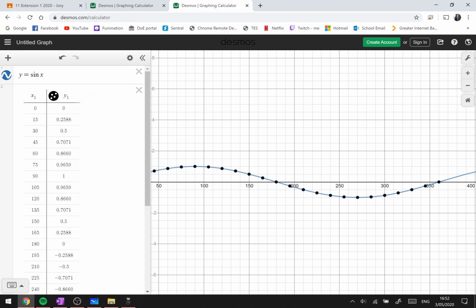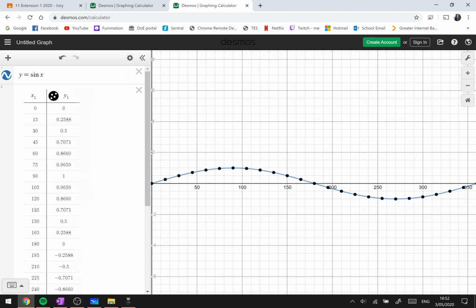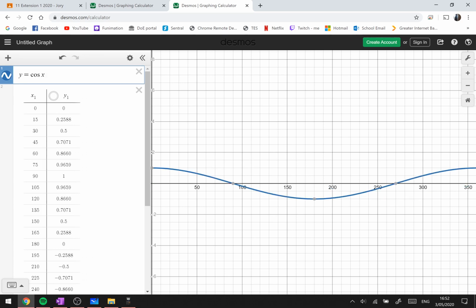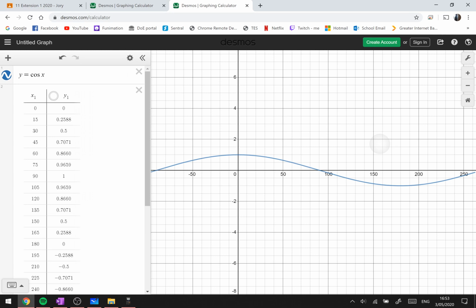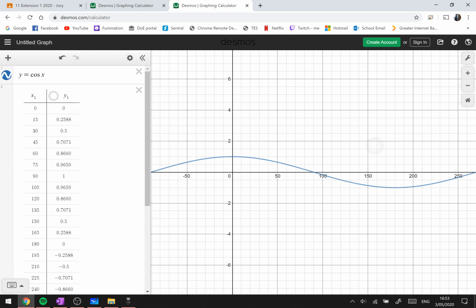That's the sine function. The other one we're going to have a quick look at is the cosine. Now, cosine's a little bit different. We're not going to draw this one up, but it's only a subtle difference. If I shift it back just a little bit, let's say 90 degrees, you'll notice that it's exactly the same.